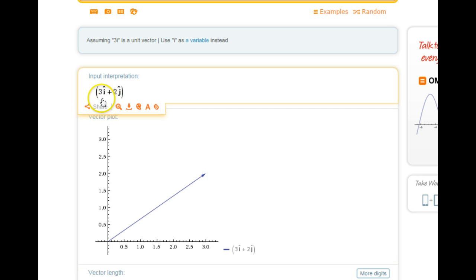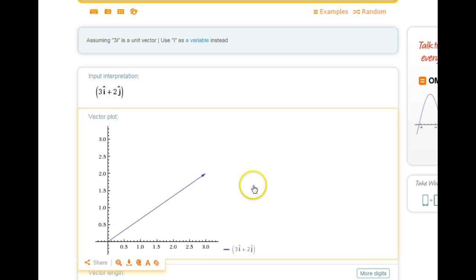But you see we have this little 3 times i hat plus 2 times j hat. So i hat and j hat are unit vectors. They're vectors of length 1. And you can see if we add together 3i, since i is of length 1, if we multiply it by 3, we're going to go over 3 this way.